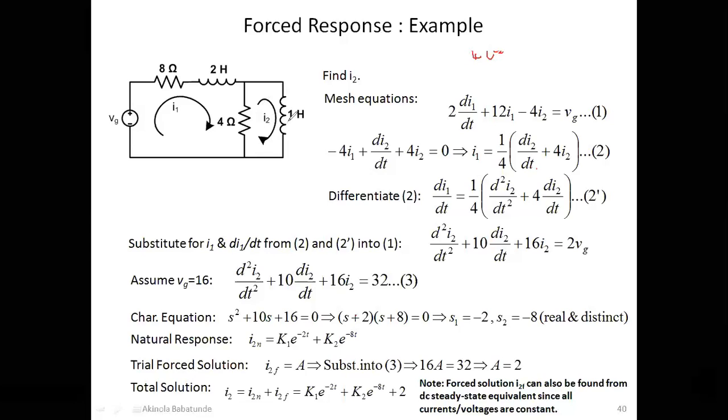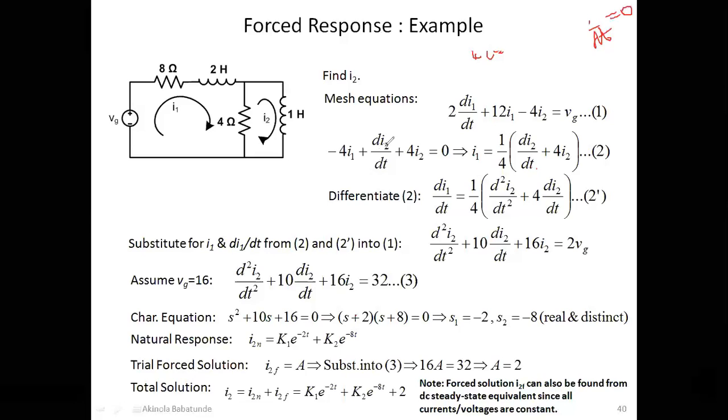The current passing through the inductor will be I2, so the voltage induced in this inductor will be plus L di/dt. Our L is 1, so it's just going to be plus 1 multiplied by di2/dt, and then everything has to be equal to 0.